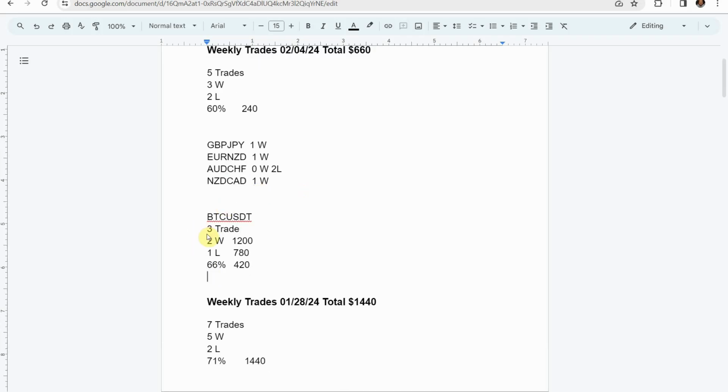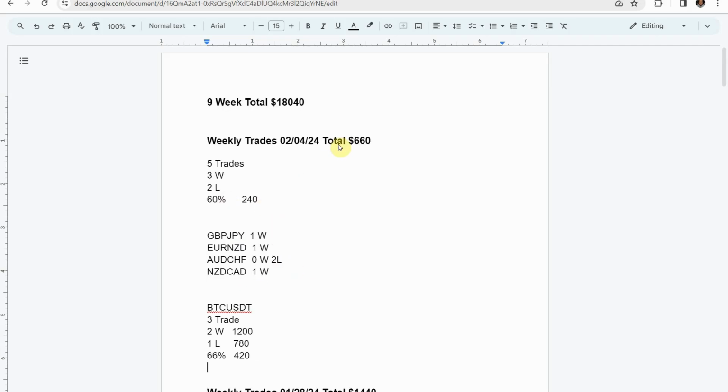We'd have had 3 trades, 2 winning, 1 losing, a 66% win rate, would have been a gain of 420. And so altogether for the week, you would have been up $660. Add that to our total, and at 9 weeks now we're at $18,040. So you can see how in just a few weeks, just a few months, you can earn tens of thousands of dollars with just a few Forex pairs and a few handfuls of trades each week. And so not bad at all.